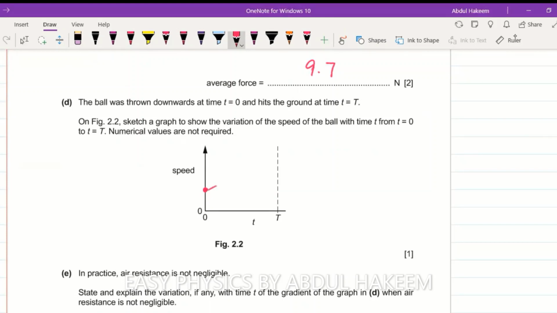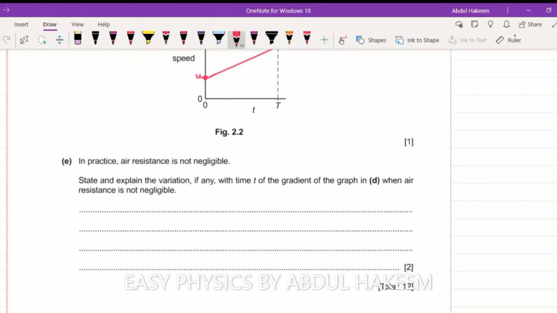Acceleration is constant, which is equal to 9.81, and gradually the speed increases. So this is the u, and this is the v. So we have calculated u and v. So this is a graph. Numerical values are not required, so just mention this is u and this is v. So this is a graph, and the gradient is constant.